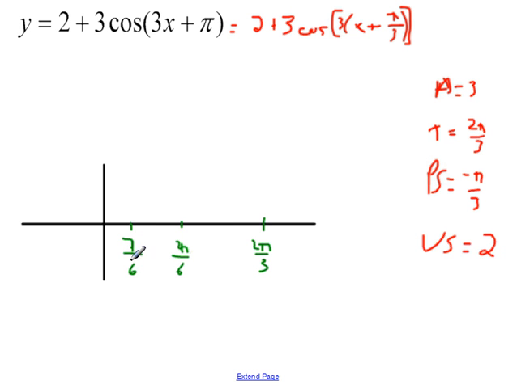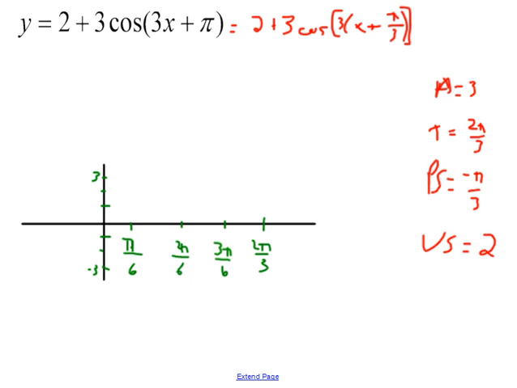Pi over 6. That's not the best looking number ever. 3 pi over 6. 1, 2, 3, 4. Yep. Alright, then we have an amplitude of 3. 1, 2, 3. Negative 1, negative 2, negative 3.